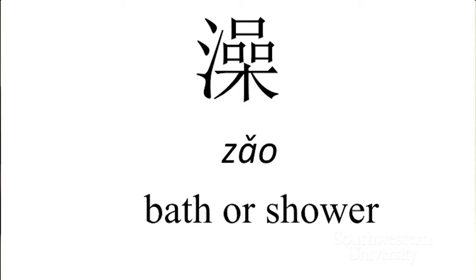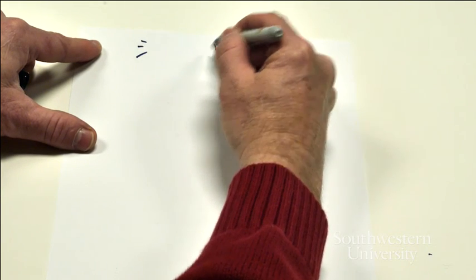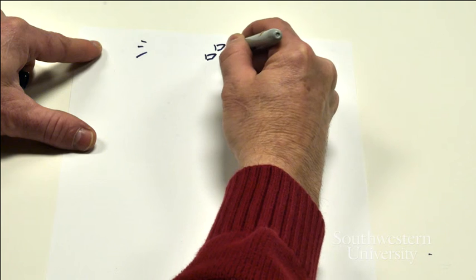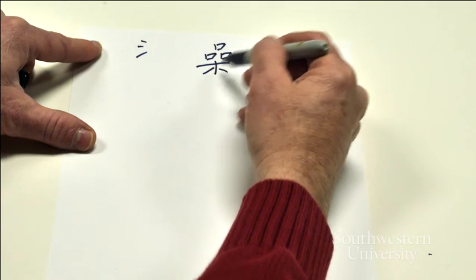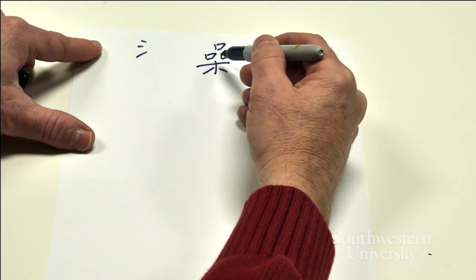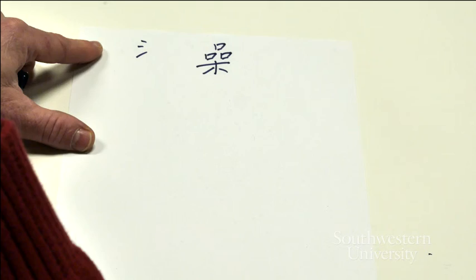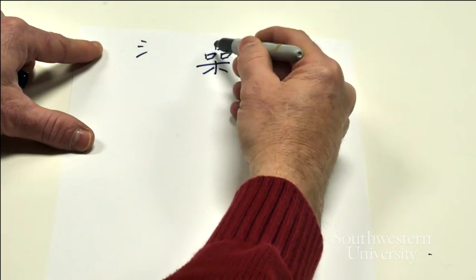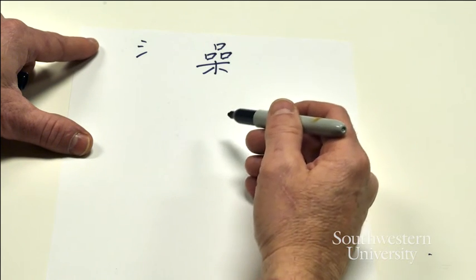And again, for shower or bath or to bathe, we have the sandian shui, 3 dots, water, and then this component is phonetic. What you have is a depiction of 3 things in a tree. It has no current meaning other than the sound, but it could refer to 3 birds chirping in a tree, making a sound like zao, I suppose.